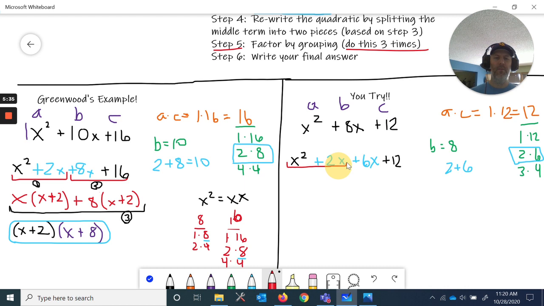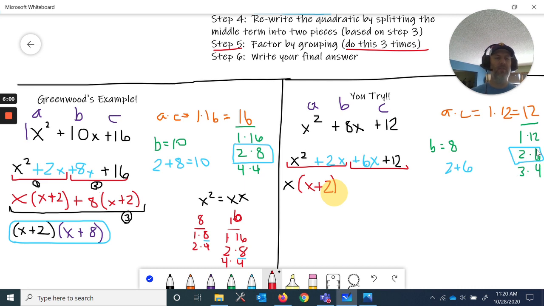There's group 1, there's group 2, and then we'll get to group 3 in a minute. x squared and 2x, well, it's the same thing we had here. So x is what's in common, and I'm left with x plus 2. And over here, I'm looking at 6x and 12. Well, I know my factors of 12 are listed right here.